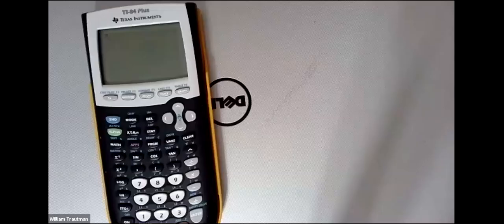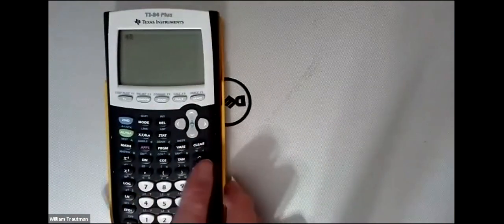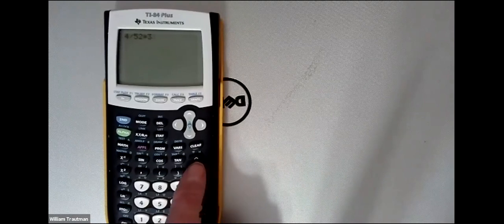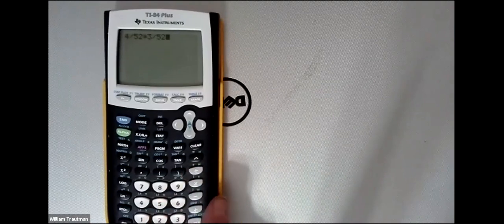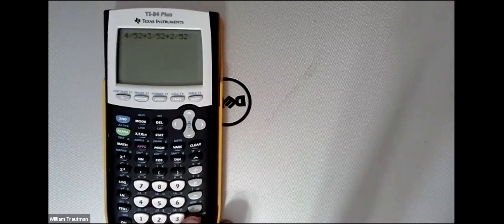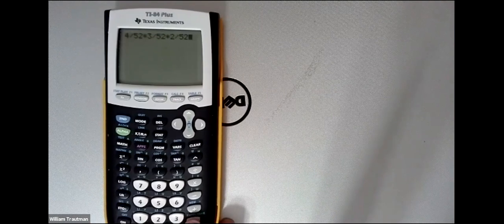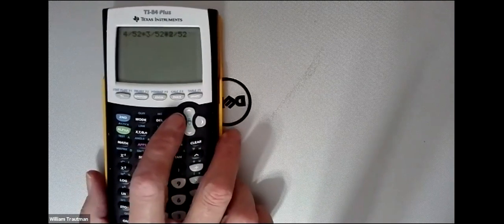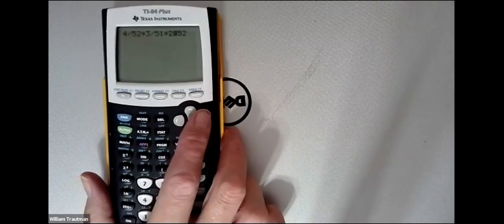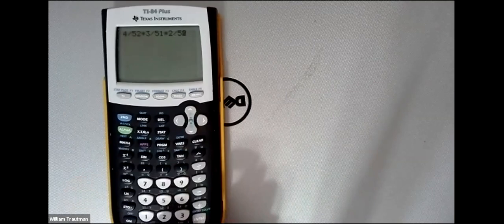So on my calculators, it was 4 divided by 52 times 3 divided by 52 times 2 divided by 52. Oh wait, those are all wrong. 4 divided by 52 times 3 divided by 51, the card is gone, times 2 divided by 50.